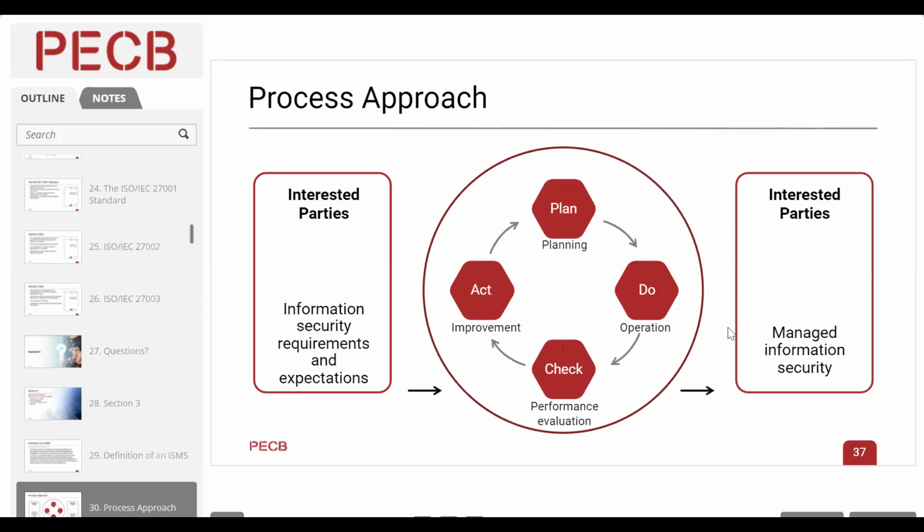So we do a risk assessment. We look at the changes of the risks, whether there's been changes of the risks or new risks, and then we go back and then we continue with the do, check, act, and we go back. That's why we expect that on an annual basis, every year you would need to do a risk assessment. So we will do a risk assessment when there's a significant change or 12 months.